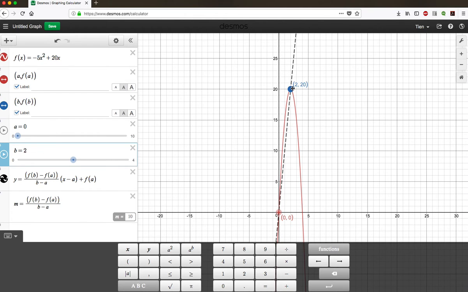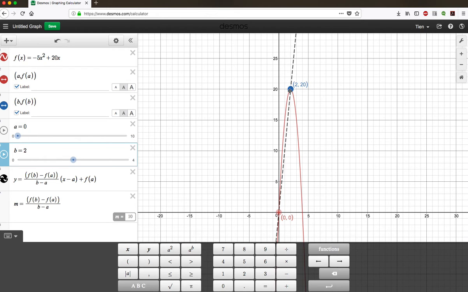So my average rate of change was 10 meters a second, because in 2 seconds I've traveled 20 meters.